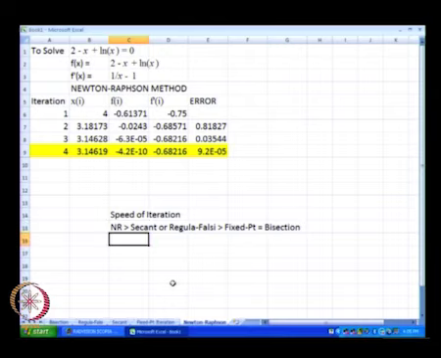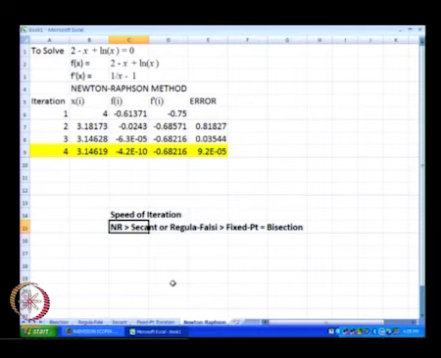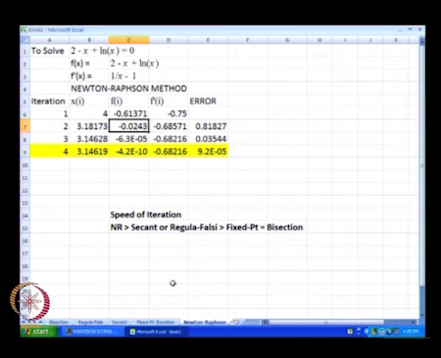We will cover this aspect later on in our lectures, that this is what the speed of iteration follows. Newton-Raphson's is better than the secant method, which is better than the fixed point iteration method in the various open methods, okay. So this is essentially what we intend to cover using Excel.